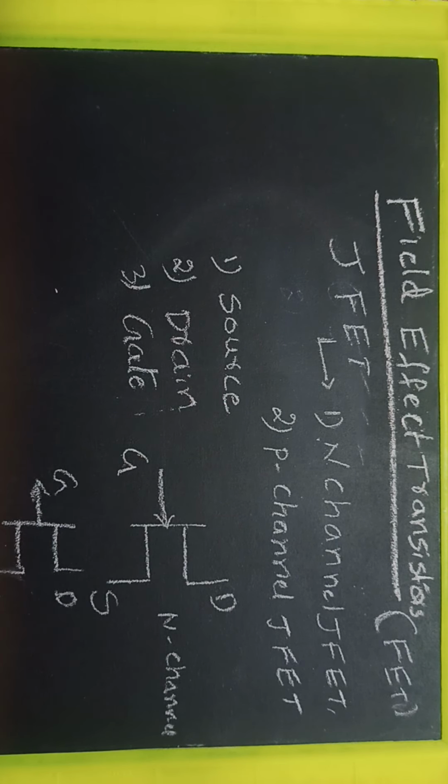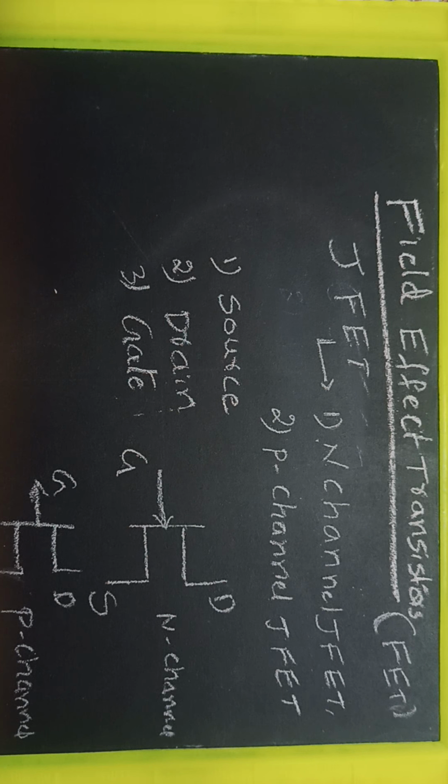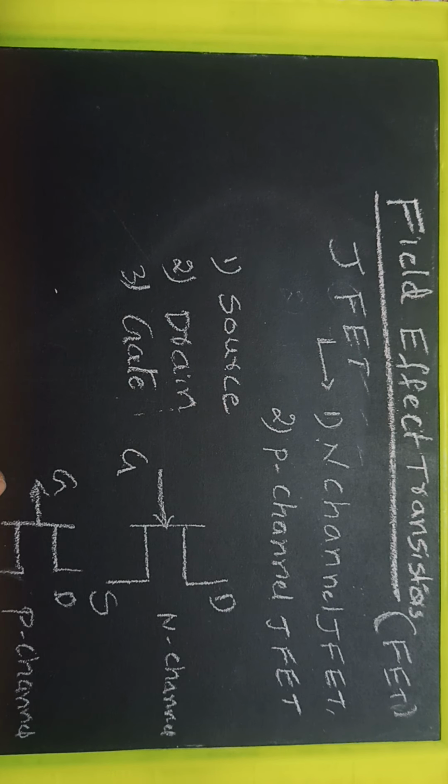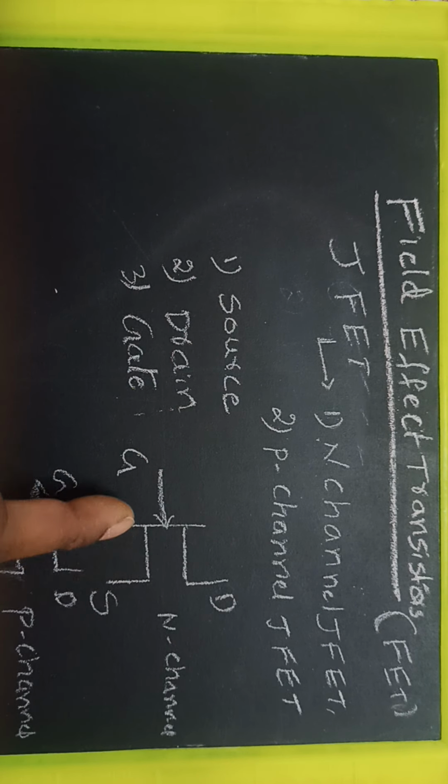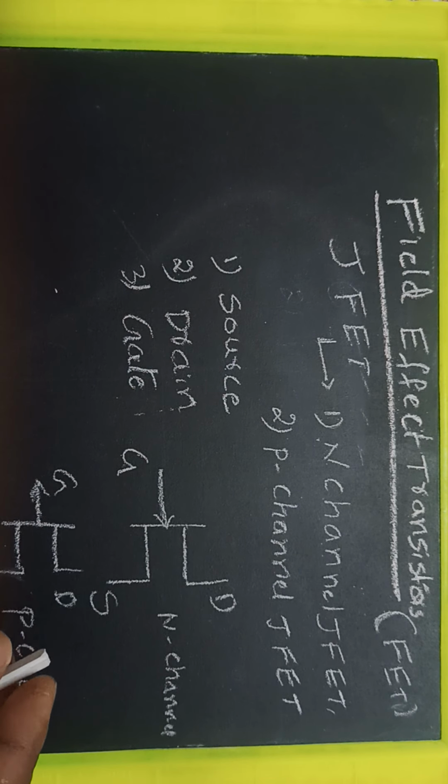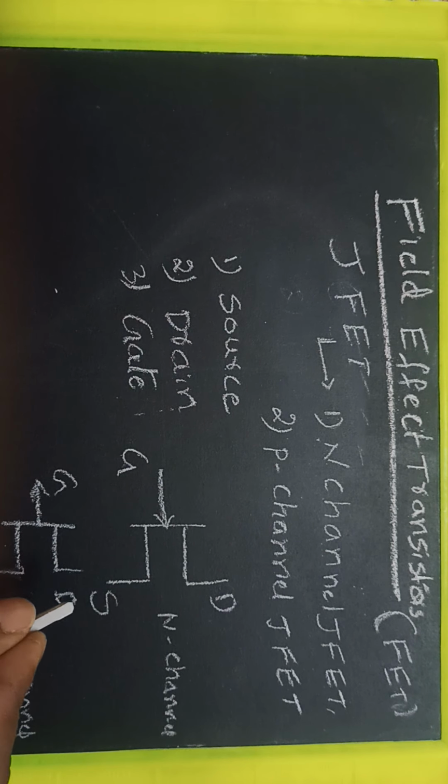The gate terminal has an arrow mark: outward for the P channel FET, and inward for the N channel FET.